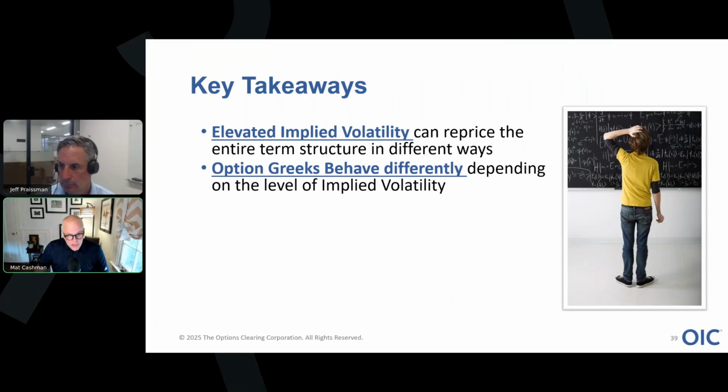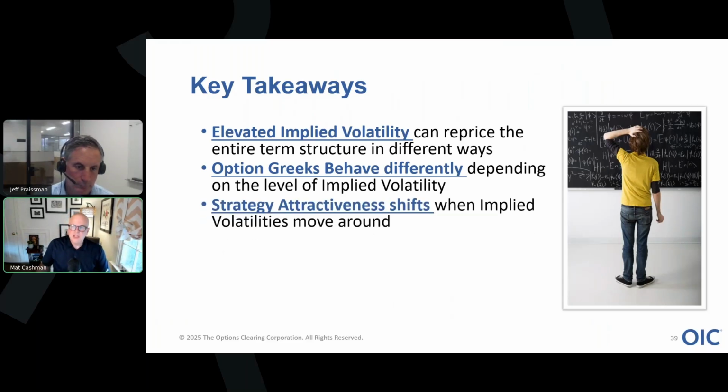As implied vol goes up, all deltas start to tend toward the 50 bound, and as implied vol goes up, gamma is negatively correlated with implied volatility levels. The higher the implied vol of an at-the-money option, the less gamma it's going to have relative to its classmates across the curve. Always important to remember that.